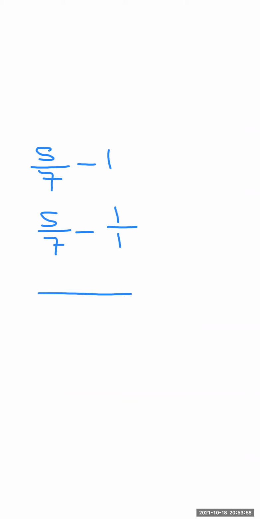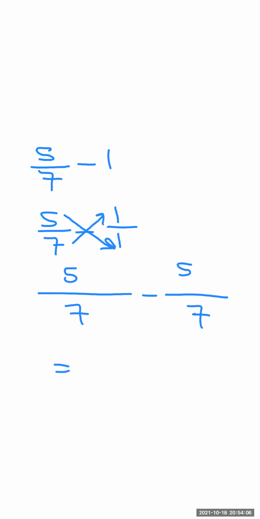The next question: 5 over 7 minus 1, so 5 over 7 minus the whole number 1 over 1. The two denominators will be 7. So 5 minus 7 is negative 2 over 7.